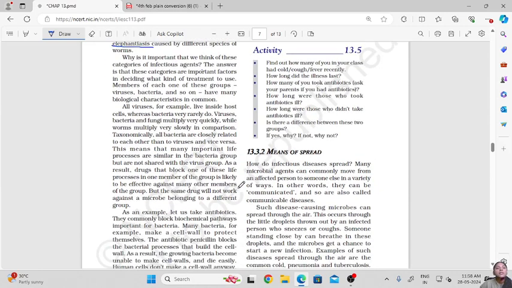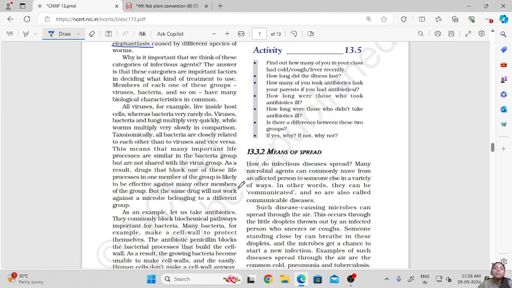Now, why is it important that we think of these categories of infectious agents? As I have already said, when certain organisms have similar characteristics, they are classified into the same category. Why is it important?